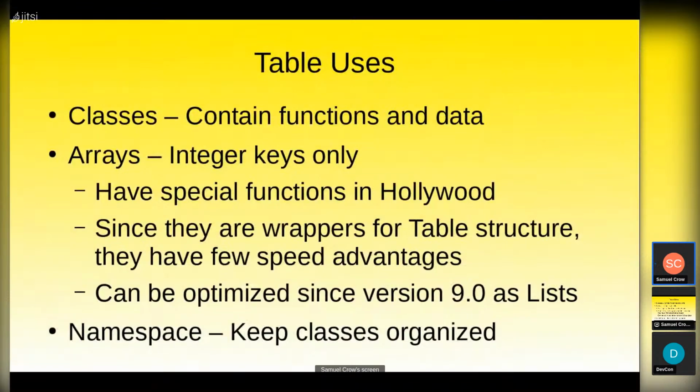Arrays are wrappers for tables in Hollywood, so there's no speed advantage over any other table usage, but there are special support functions for them, including the list subtype that stores a hidden length member in the metadata as of version 9.0. Namespaces are containers for classes, but they're essentially just another container like any other, based on the table, all of these.